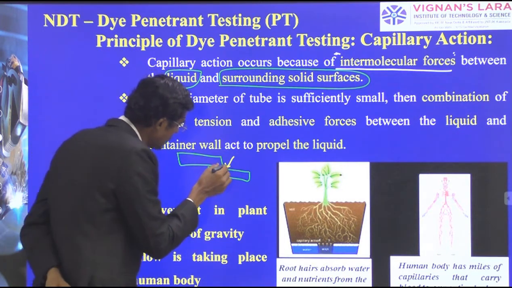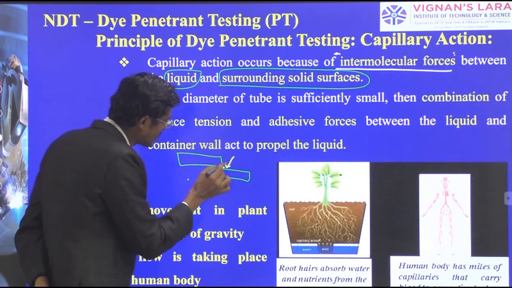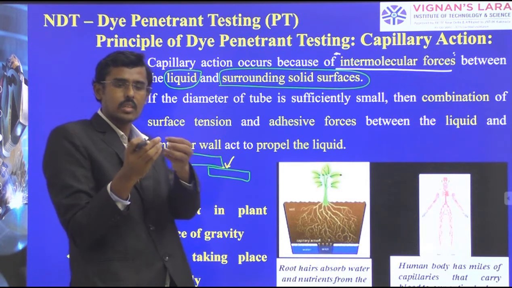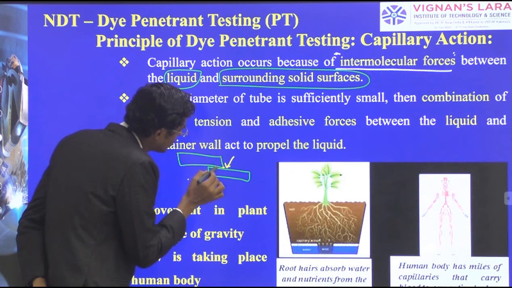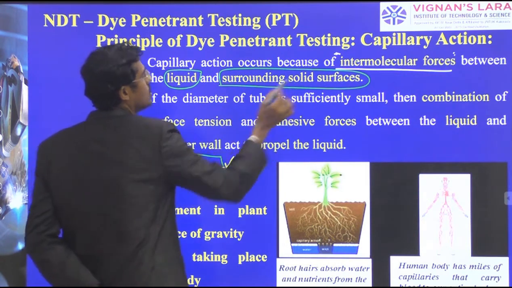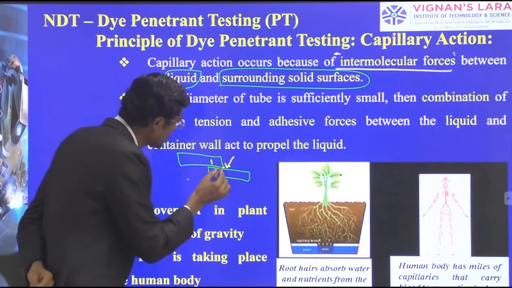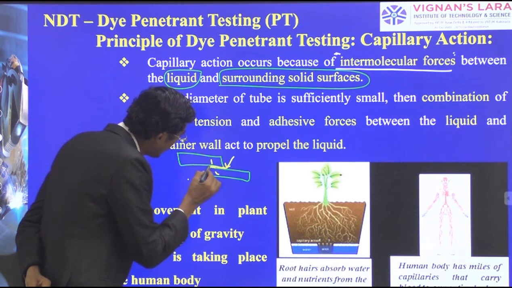We keep the soldering wire here, and due to capillary action between the soldering liquid metal and the surrounding solid surfaces, solid surface one and two, this liquid metal goes in between these two plates, and the soldering process takes place.